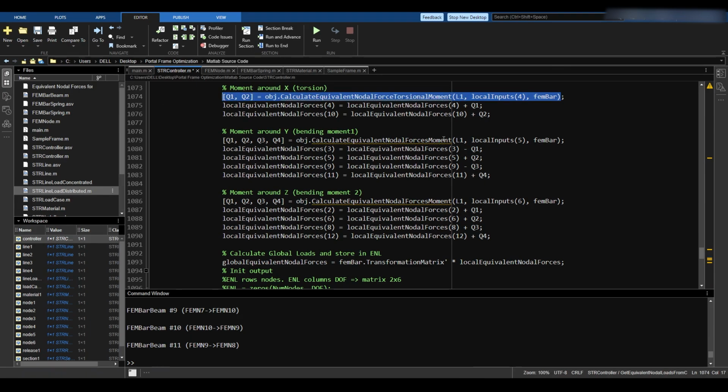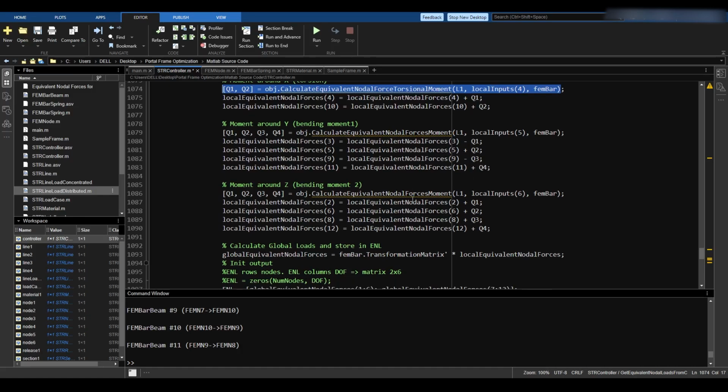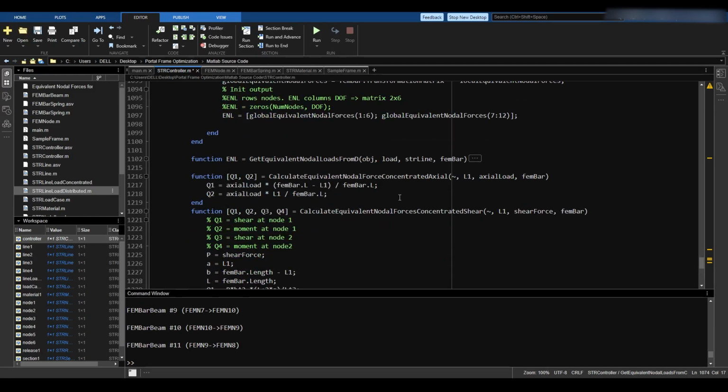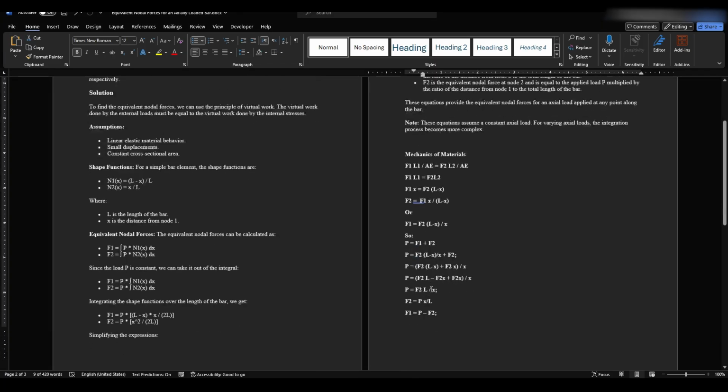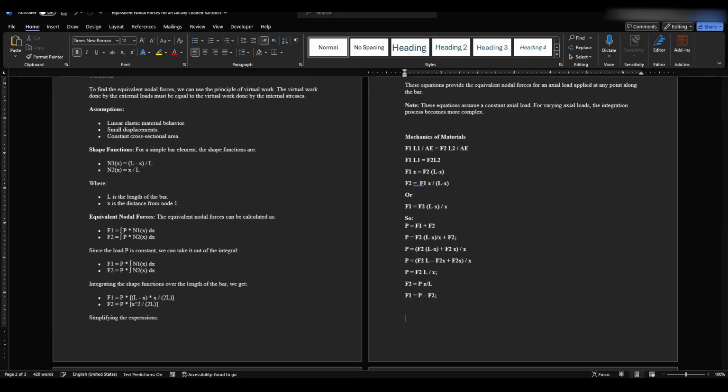Okay. What's this? Torsion? Okay, the torsion. Now the torsion is easy. It's going to be very similar to the axial force. The reason why it's very similar is because the entire derivation is actually really similar. Look, you're going to say basically delta.